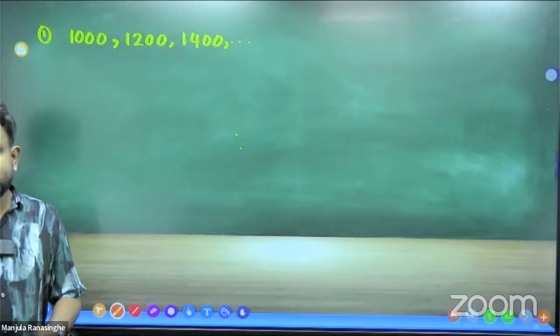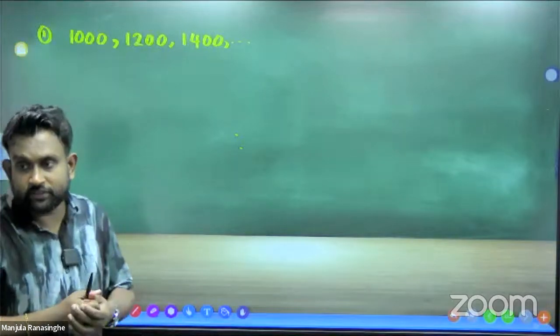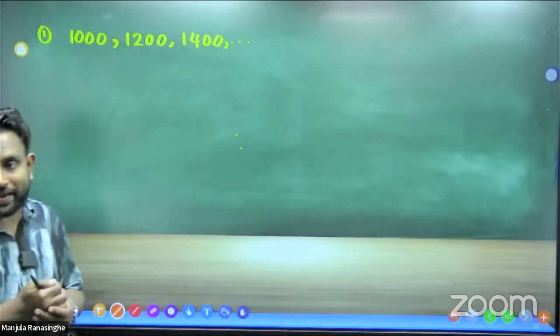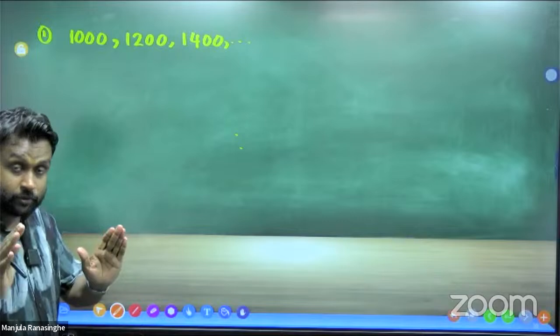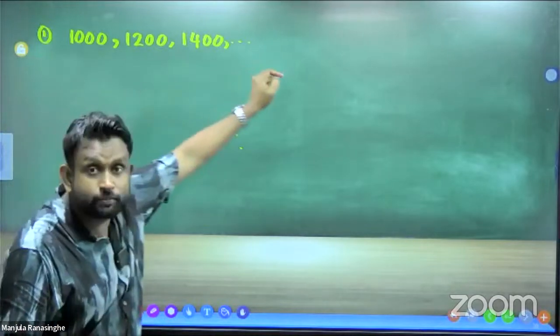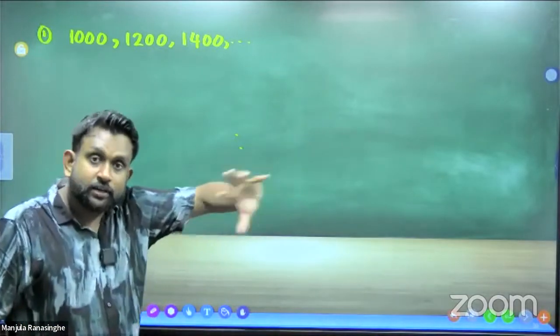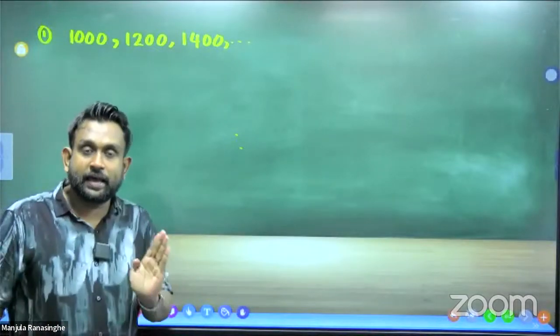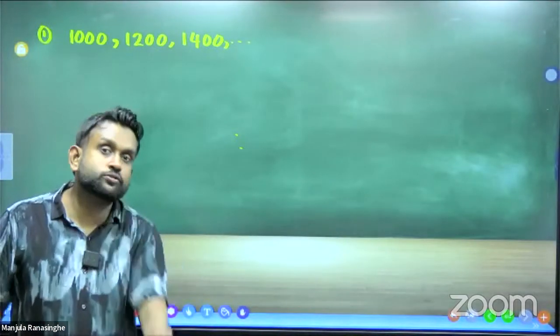So the answer: the amount of money deposited in the first 3 months lies in an arithmetic progression. They are asking to show that. How to show that?